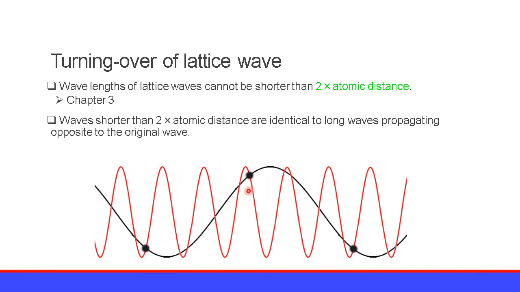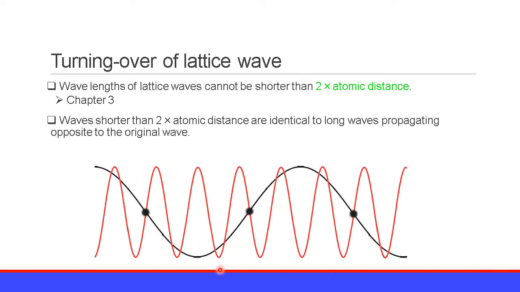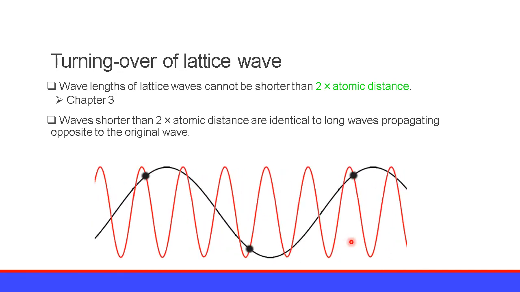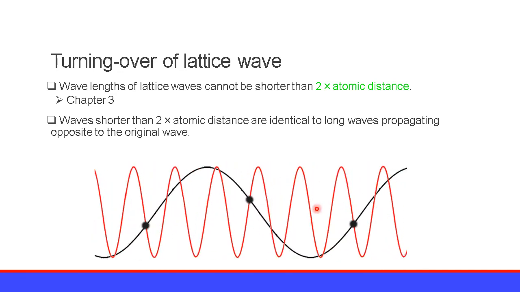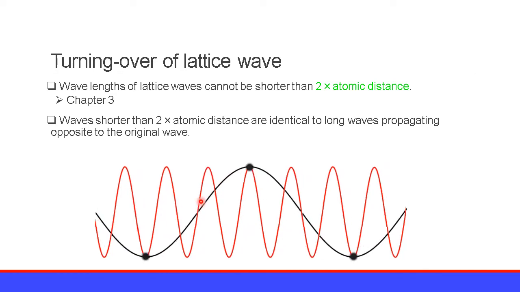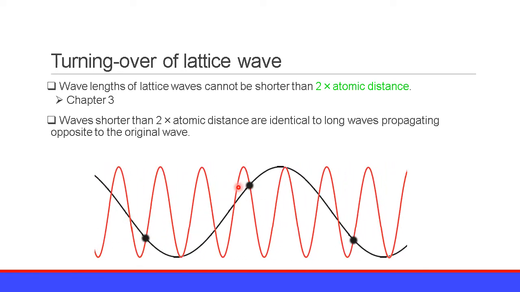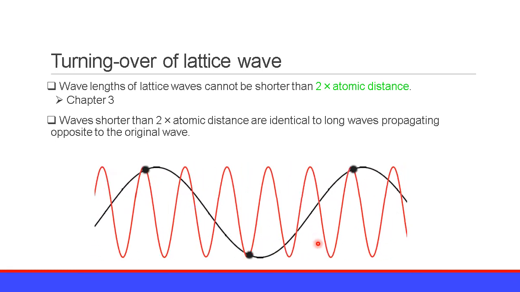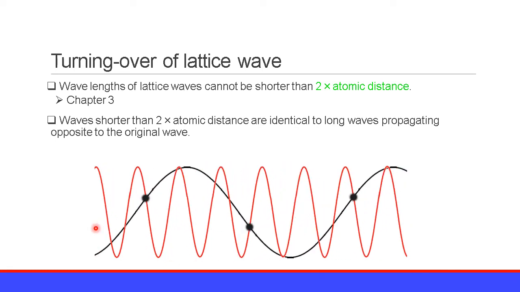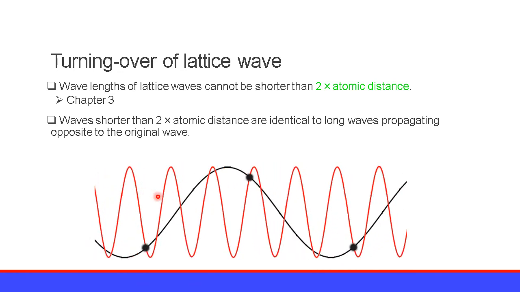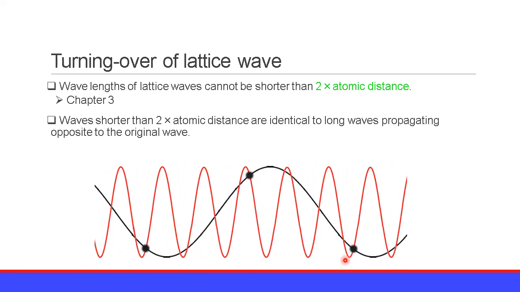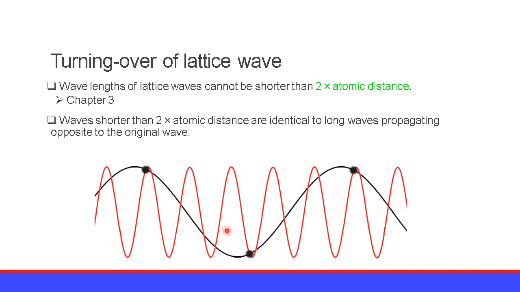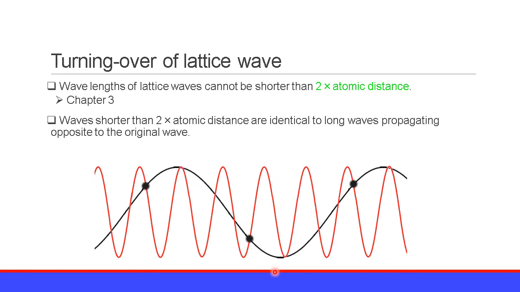These black dots are atoms, and this red wave propagates to the left. However, this wave is very short, and this atomic vibration is identical to the wave with the black curves. And you can recognize the red wave and black wave propagate in opposite directions.